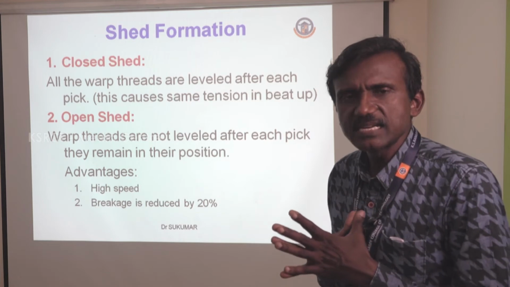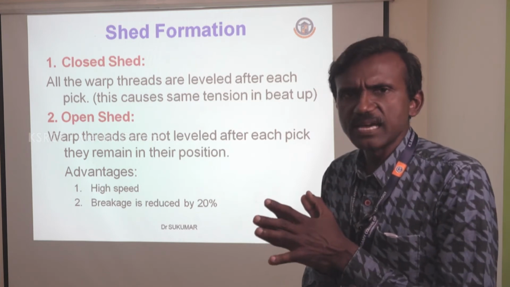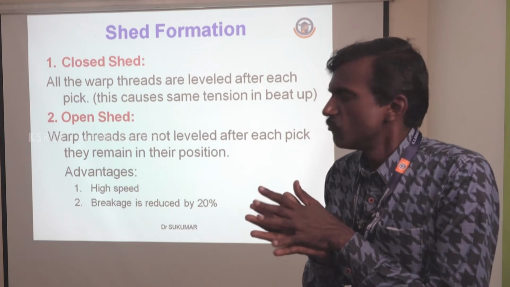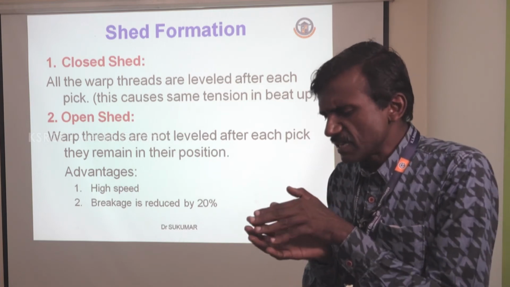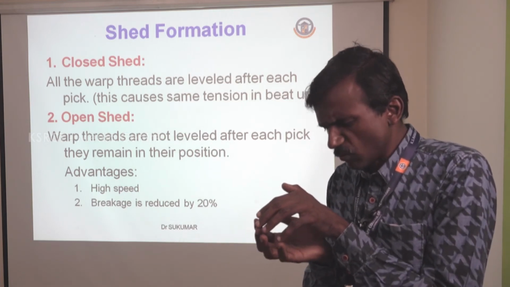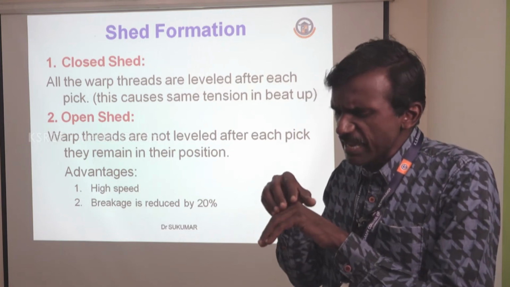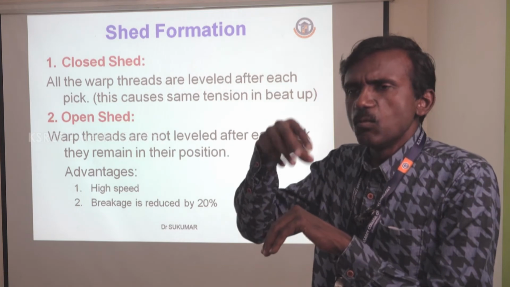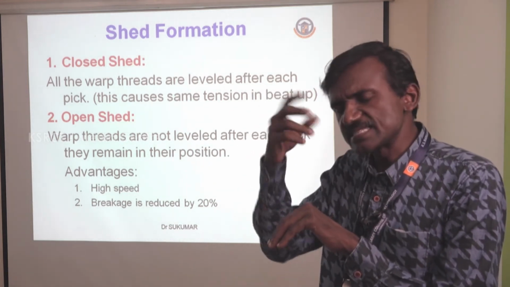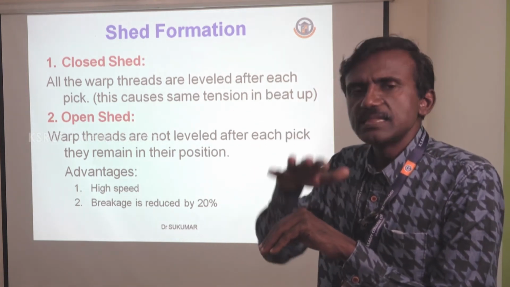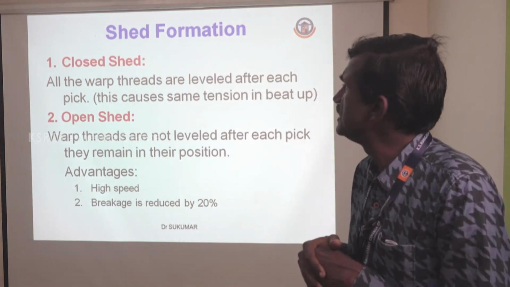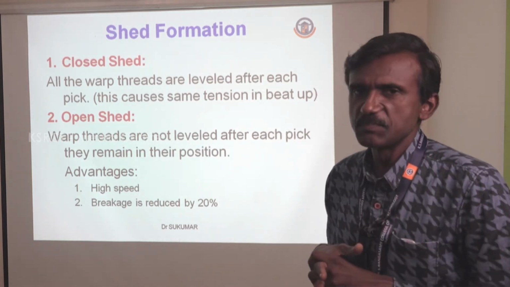The open shed is where minimum movement is given to the warp sheet. That is, minimum abrasion is given to the warp threads. So when the shed is open, sometimes the same shed has to be formed, the same heald shaft has to be lifted for one pick or maybe for the second pick also. In that case, that particular heald shaft will not be lowered down, and we call that the open shed mechanism.